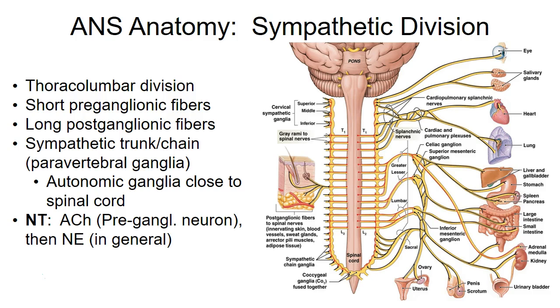And if we have short preganglionic neurons, it means that we have to have long postganglionic neurons to get to our effectors or targets. Okay? Which means that if we're starting off further away, there's more branching that can go on and affect more effectors and targets. Okay? Yeah, go ahead.